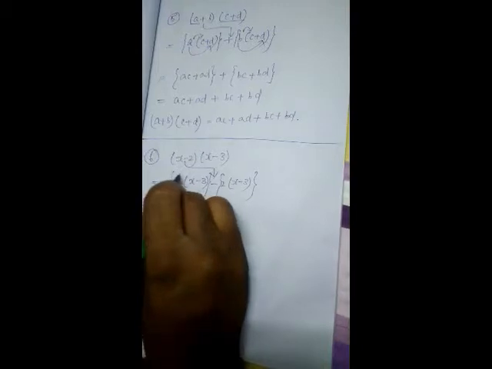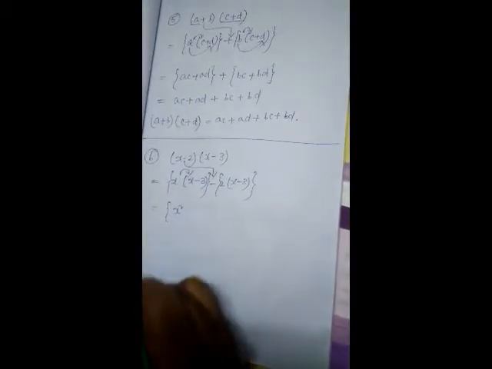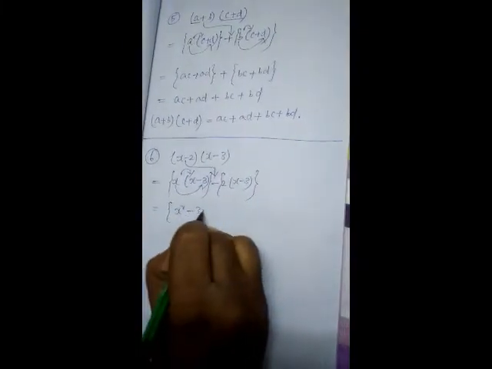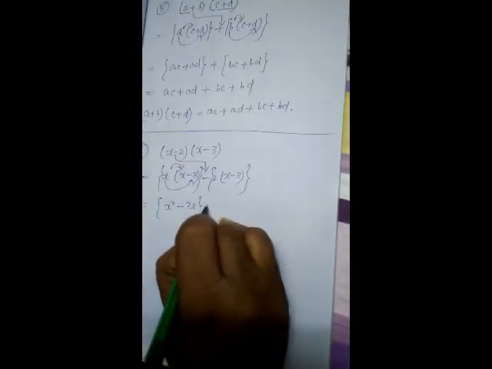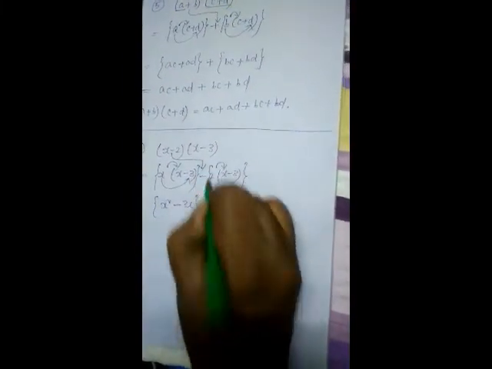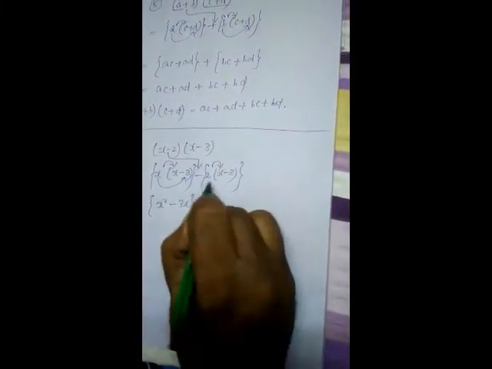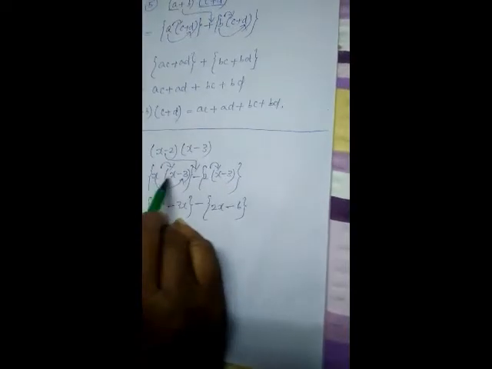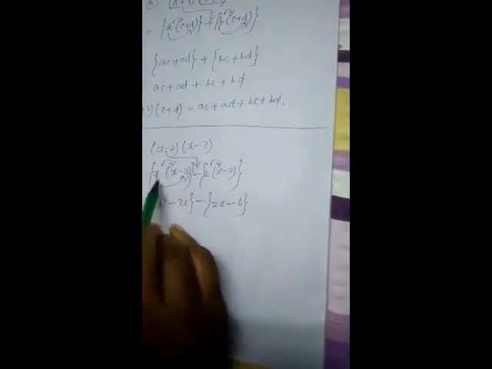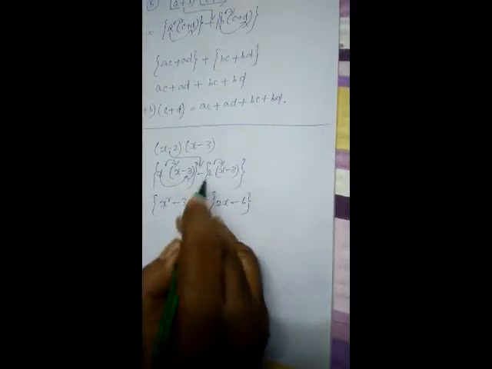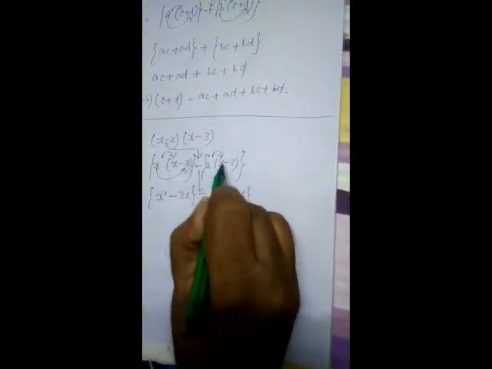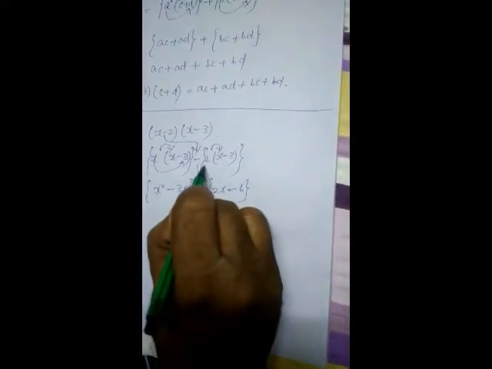Is equal to X into X, X square, minus 3 into X, 3X, minus 2 into X, 2X, minus 2 into minus 3, 6.